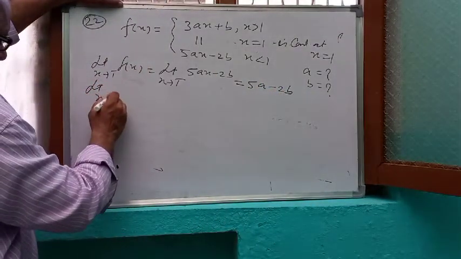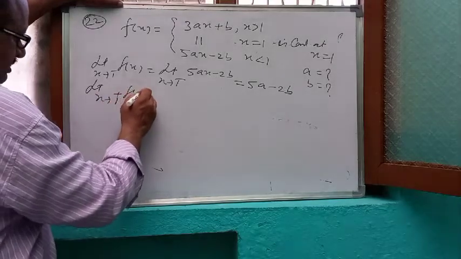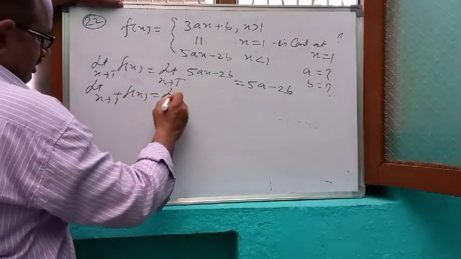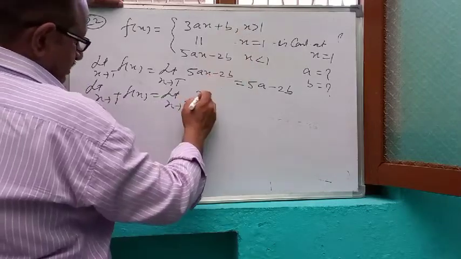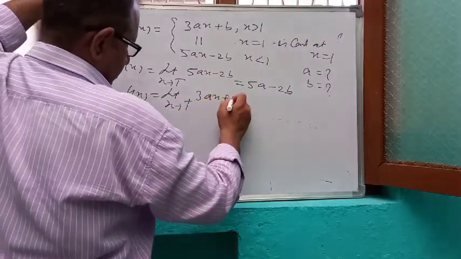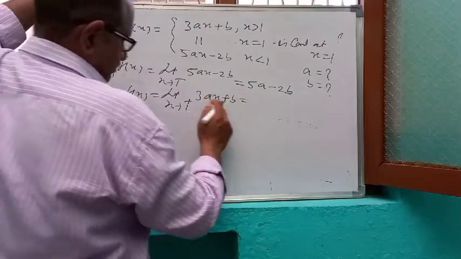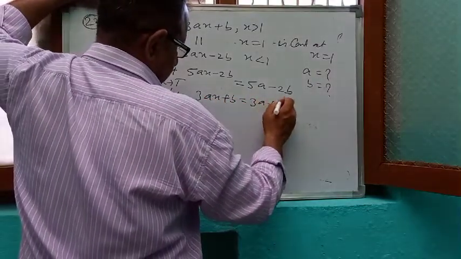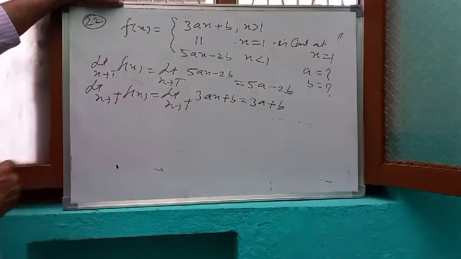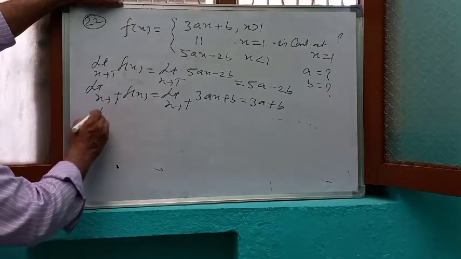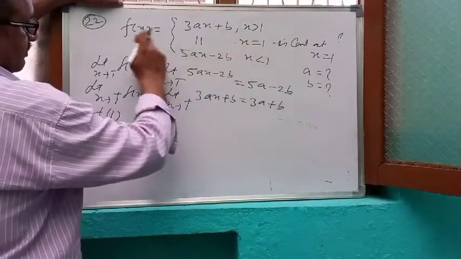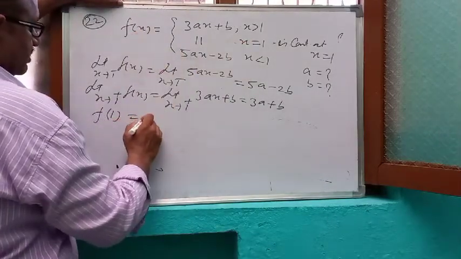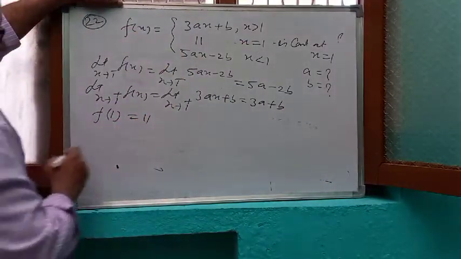Limit x tends to 1 plus f(x): 1 plus means greater than 1, so it is 3ax plus b, in place of x put 1, it will be 3a plus b. And the value of the function at 1 is 11, so f(1) is equal to 11.